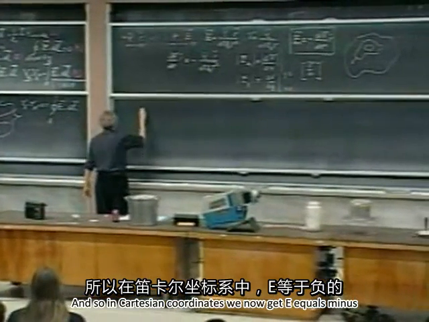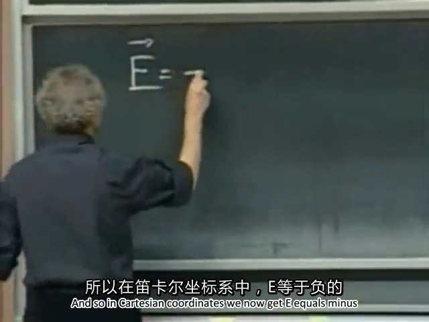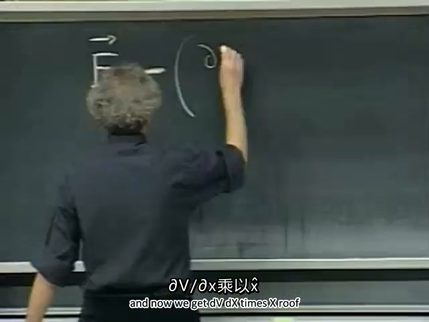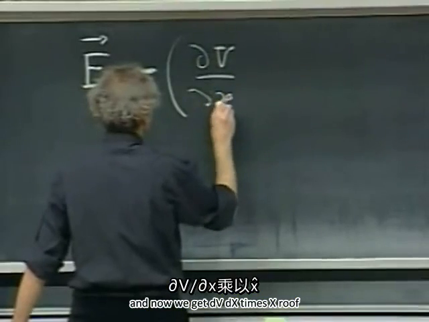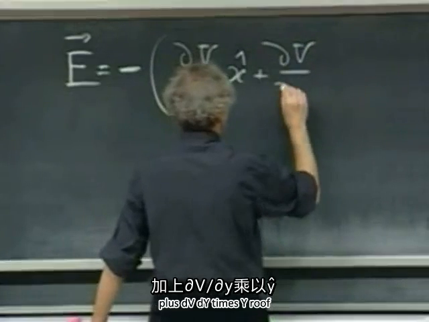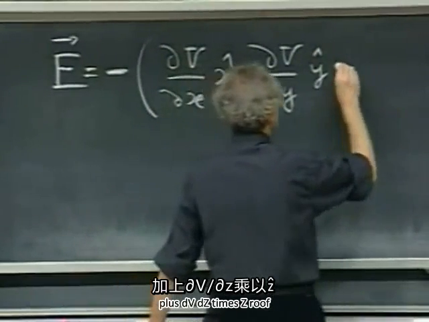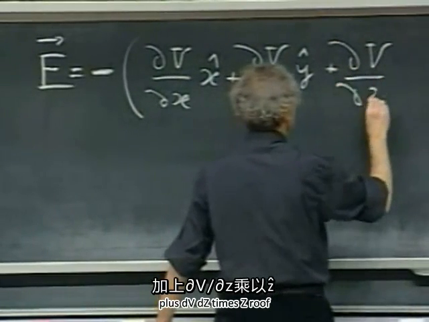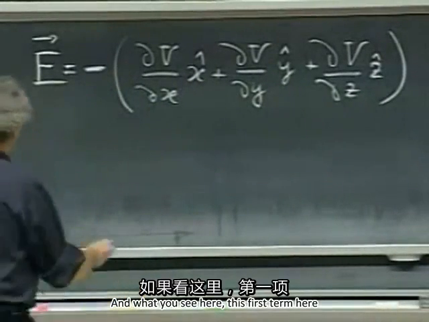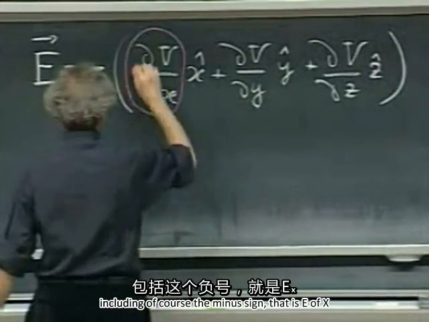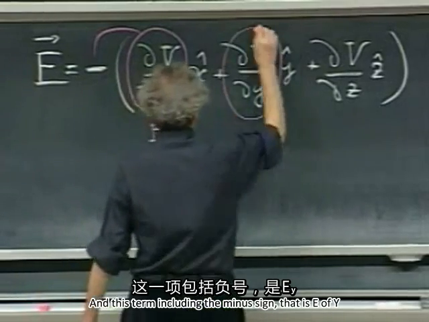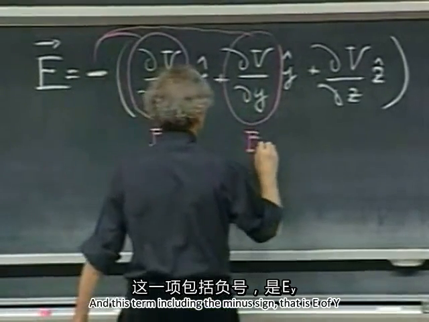And so in Cartesian coordinates, we now get E equals minus, that minus sign we discussed at length, dV/dx times x roof plus dV/dy times y roof plus dV/dz times z roof. This first term, including of course the minus sign, that is E of x. And this term, including the minus sign, that is E of y, and so on.